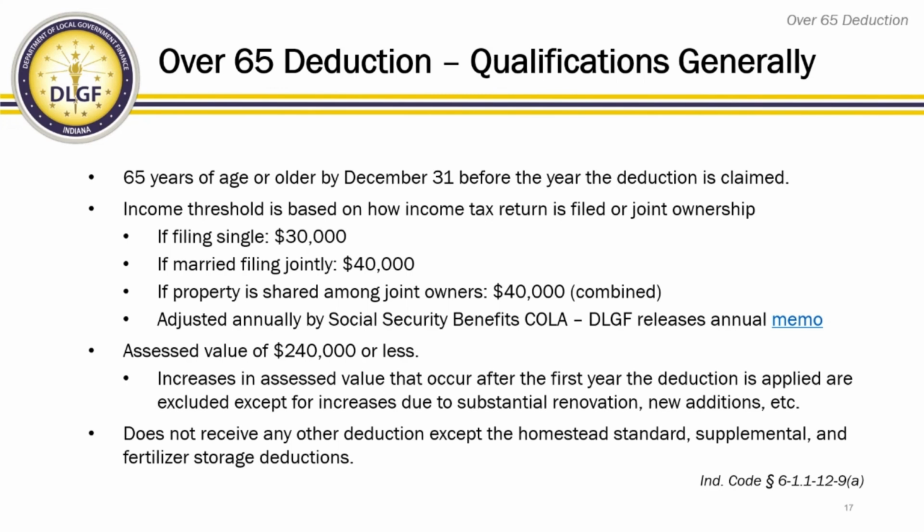The second limitation has to do with assessed value. Claiming the over 65 deduction, the assessed value for the property cannot be more than $240,000.